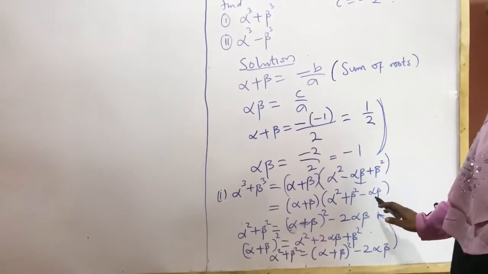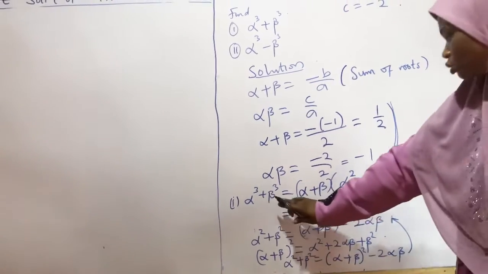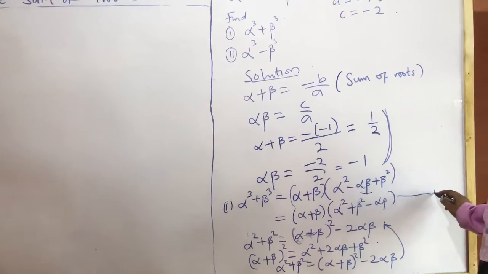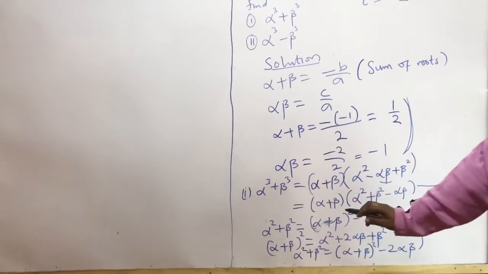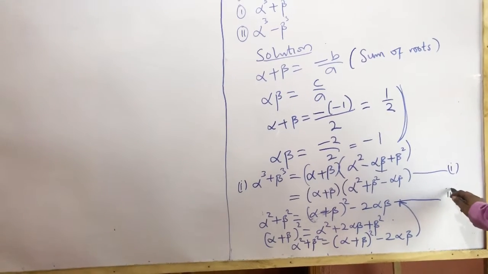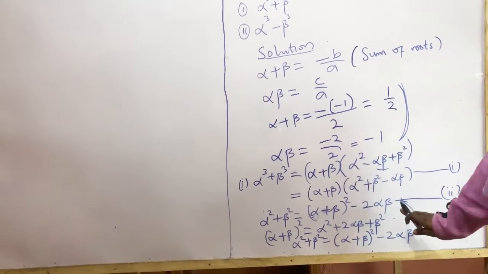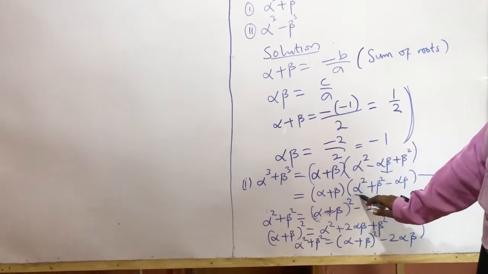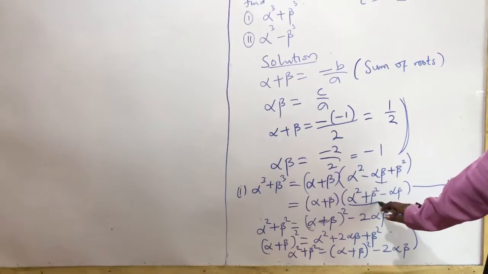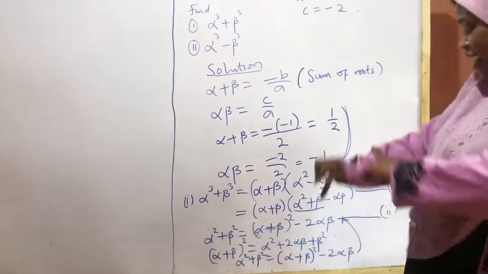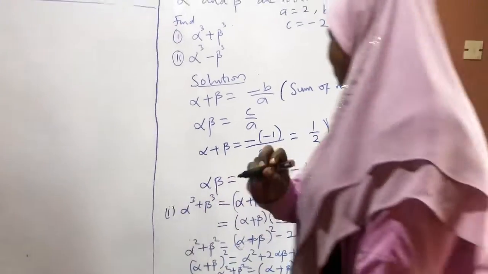For this alpha cubed, the sum of 2 cubes of roots, let's call it equation 1, and call the sum of 2 squares of roots equation 2. So that means we need to substitute equation 2 into equation 1. That is, wherever we see alpha squared plus beta squared, we're going to put alpha plus beta, everything squared, minus 2 alpha beta.